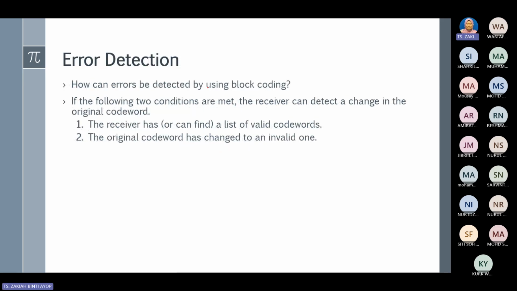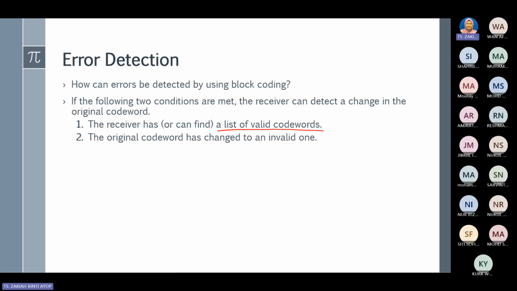So how can errors be detected by using block coding? If the following two conditions are met, the receiver can detect a change in the original code word. The first condition is that the receiver has or can find a list of valid code words. If there is a valid code word in the table, then the code word will be accepted.